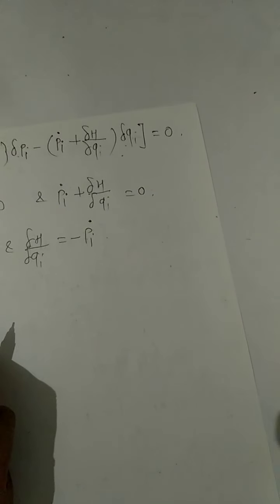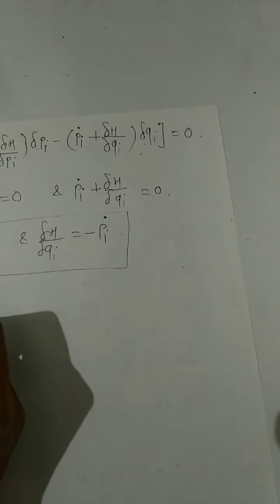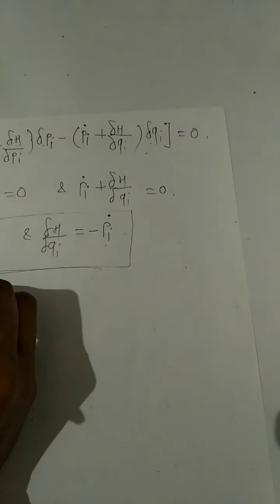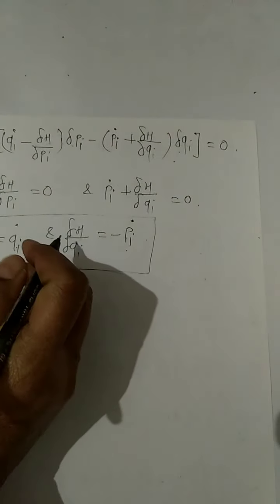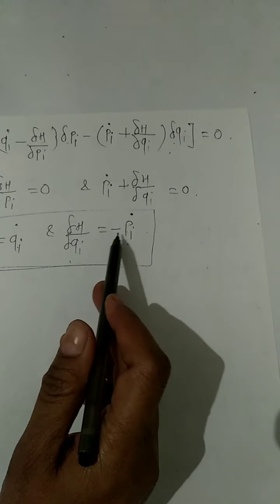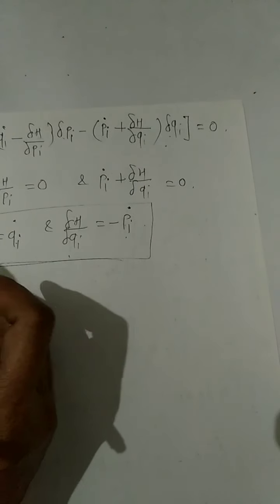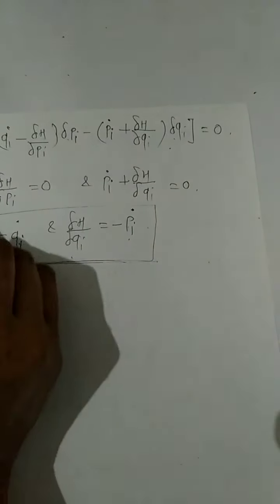These are the required Hamiltonian equations of motion, that is, del H upon del Pi is equal to Qi dot, and del H upon del Qi is equal to minus Pi dot. That is the Hamiltonian equation of motion.